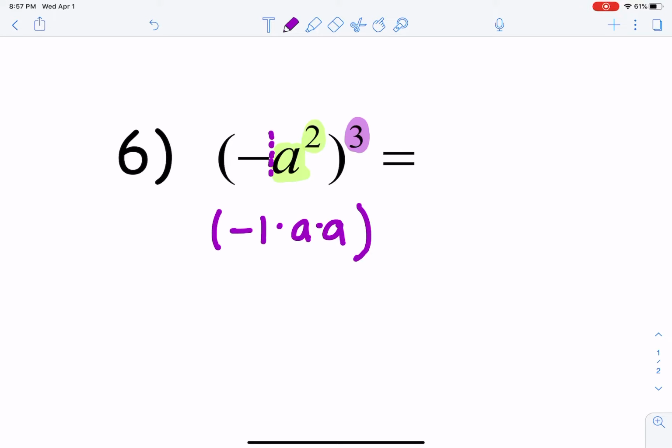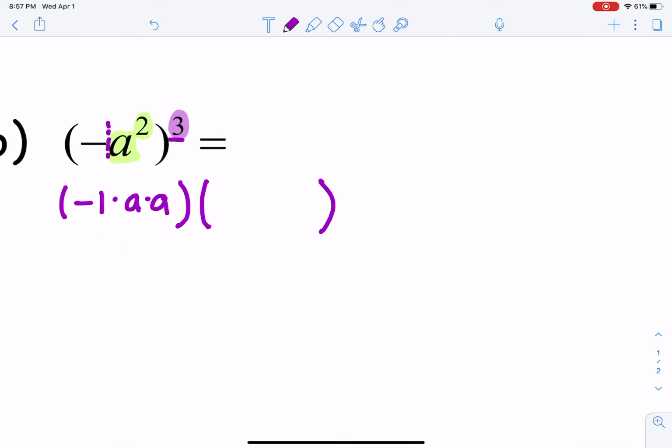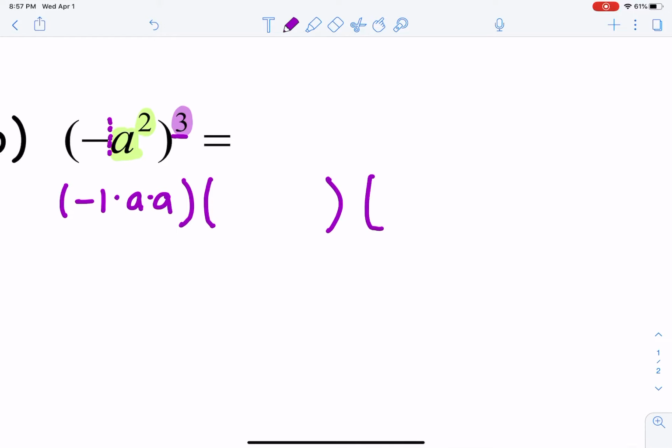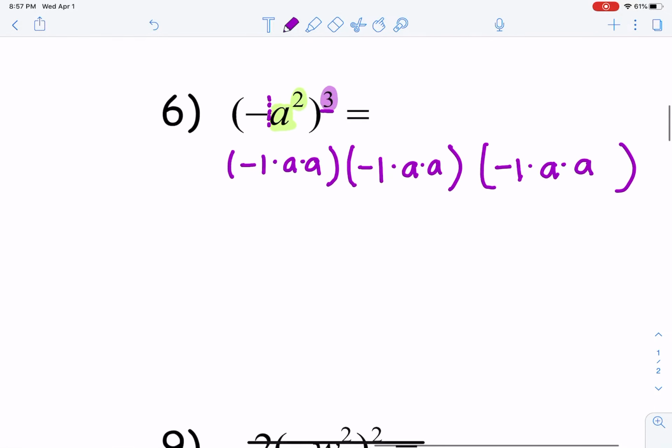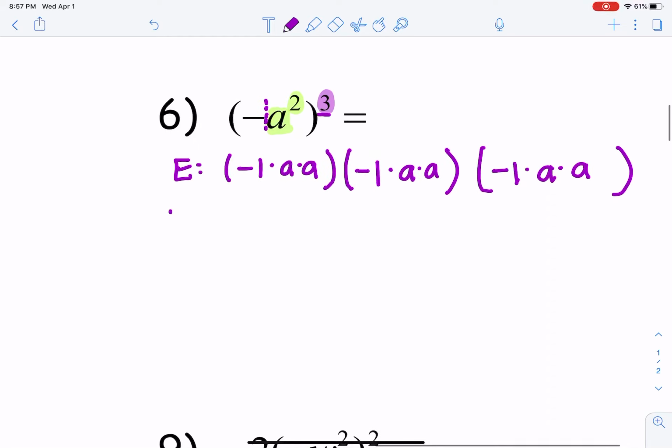Now, this exponent of 3, this power of 3, tells me I'm going to have 3 of those parentheses with everything else the same inside. So -1 times a times a, -1 times a times a. Now that I have expanded, let's go ahead and rearrange.